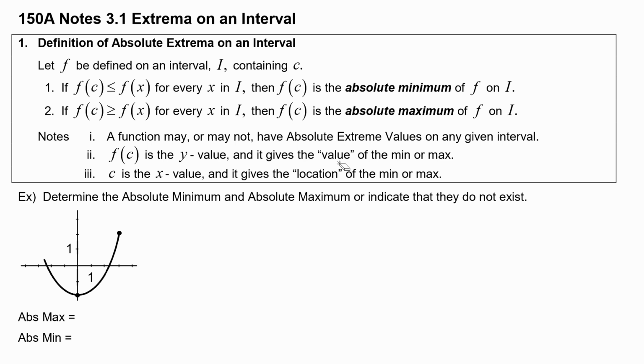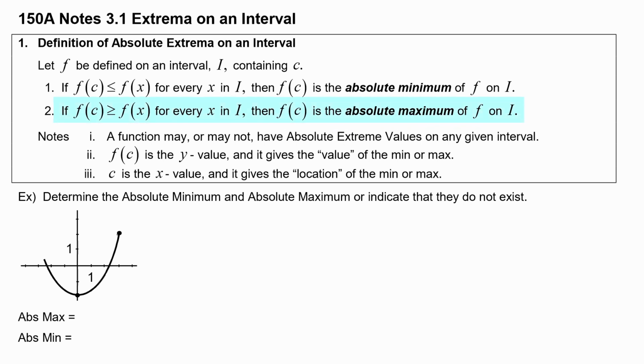In this example, determine the absolute minimum and absolute maximum, or indicate that they do not exist. In this first diagram, we have to find the absolute max if there is one. We see right here that this y value is bigger than all the other y values on the entire interval. So that satisfies this definition.